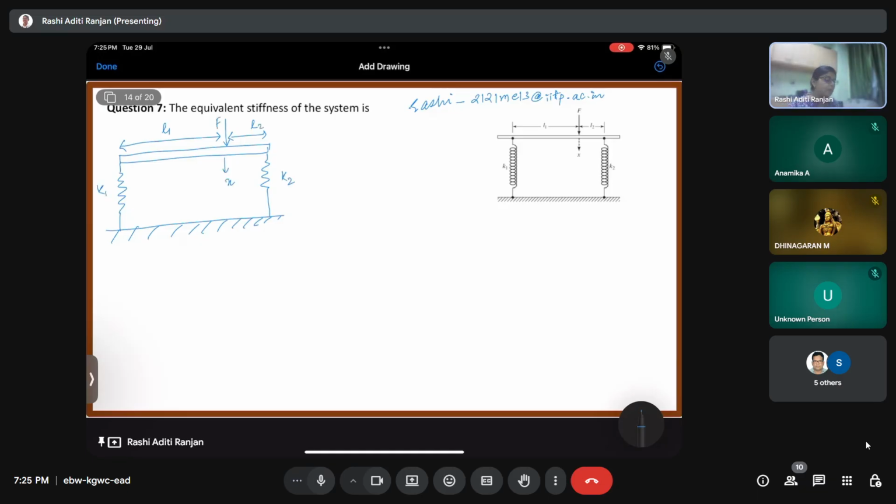Okay. See, the first thing that comes to our mind is that since the force is not applied in the center, the rod is not going to be horizontal after displacement. The force is more on this side, so this will displace more, that side will not displace that much. We assume that the configuration is something like this.